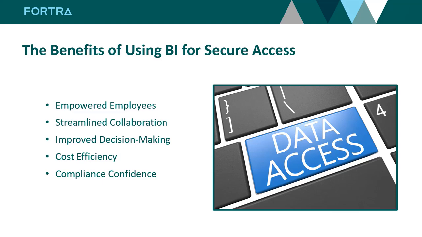When users have secure and seamless access to the right data, they feel more confident in their roles. Empowered employees are more engaged, innovative, and way more productive because they have what they need at their hands. They're not waiting for things.